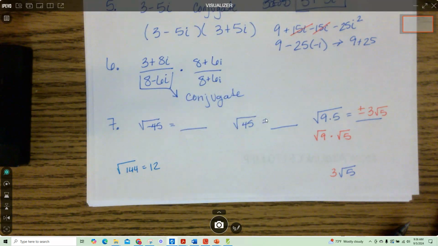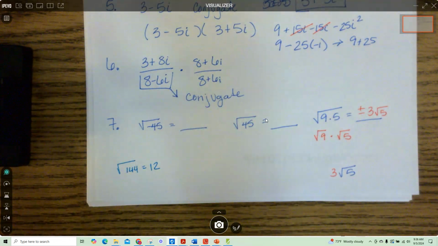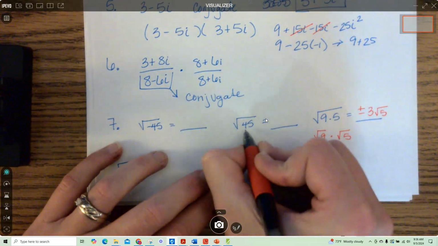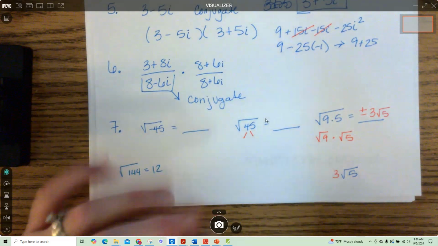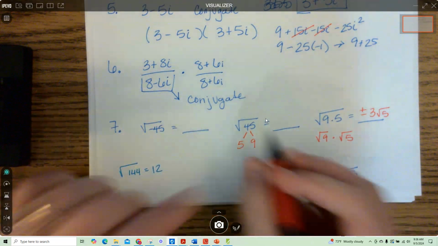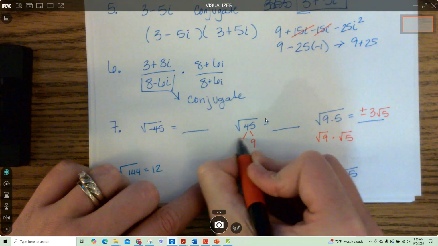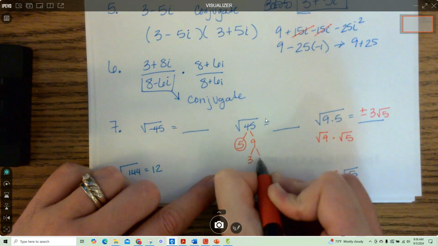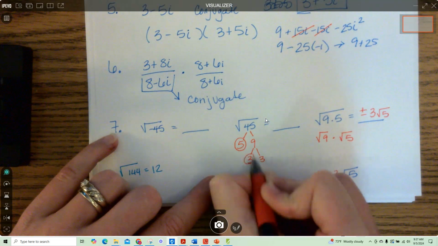And so the square root of 45, how you figure out if you can simplify it is you do the prime factorization. So what two numbers can I multiply together to get 45? 5 and 9? Okay, so 5 is prime. 9 I can multiply 3 and 3.